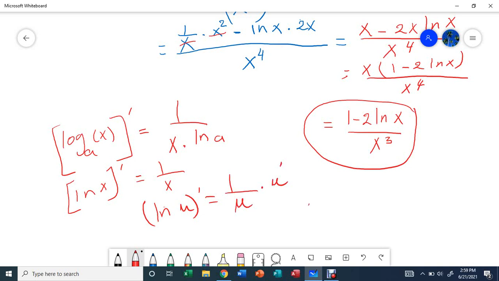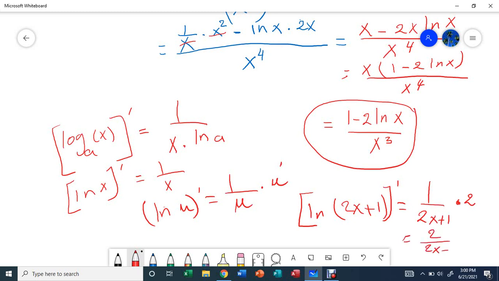So for example, if I have ln of 2x plus 1, the derivative will be 1 over 2x plus 1 times the derivative of 2x plus 1, which is just 2. So you end up with 2 over 2x plus 1, using the chain rule and natural log rule for finding the derivative.